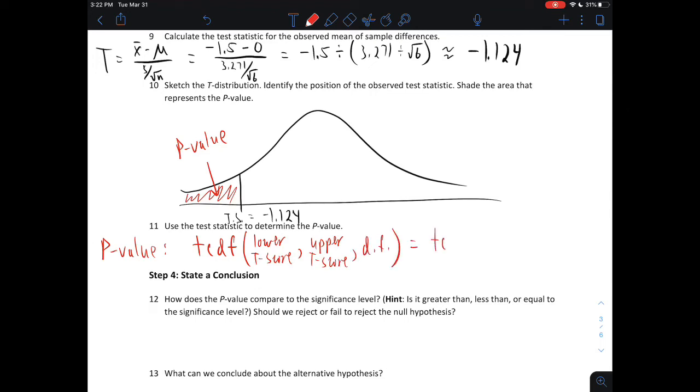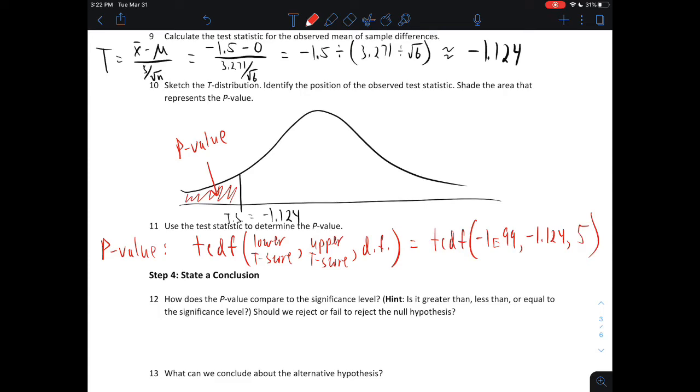Since we have a left tail test, the lower t-score is negative 1E99. The upper t-score is negative 1.124. And our degrees of freedom would be sample size 6 minus 1, which is 5.